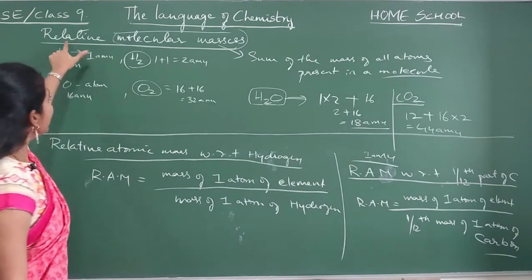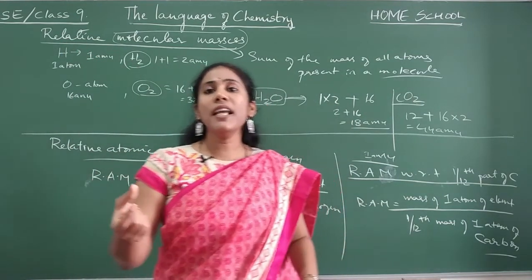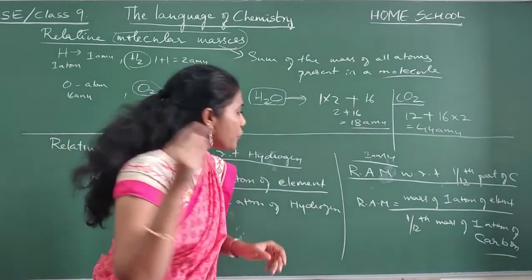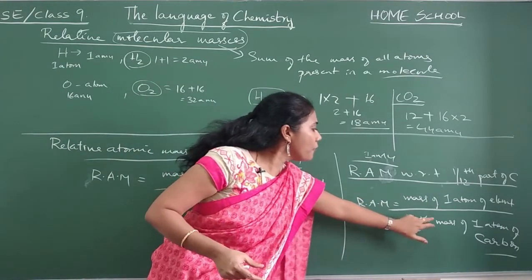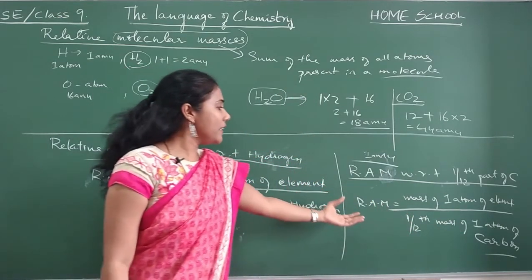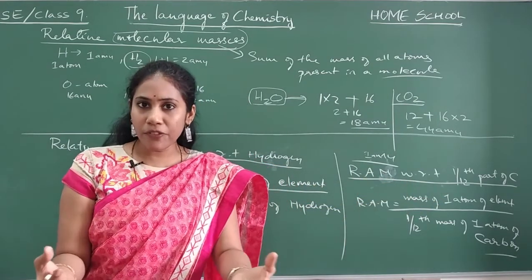What do you mean by relative molecular mass? Relative molecular mass is the mass found in comparison to the mass of 1 by 12th part of carbon atom. Atomic mass of any element you found by taking 1 by 12th part as a reference.